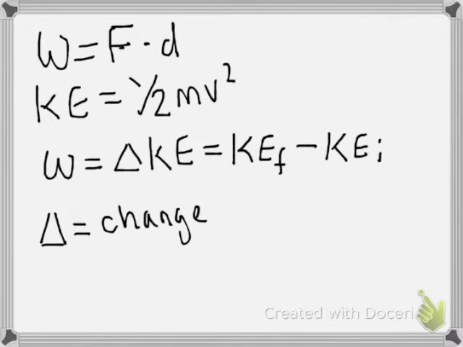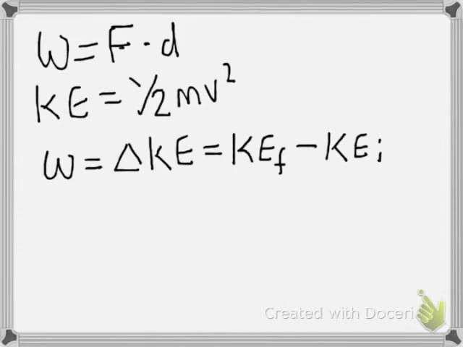Now, what if we didn't have the kinetic energy? You mean like if they gave us mass and velocity instead? Right. Well, there's an easy way to do that. Let's back up a little bit. I'm erasing the bottom part. We know that kinetic energy is equal to 1/2 mv squared.